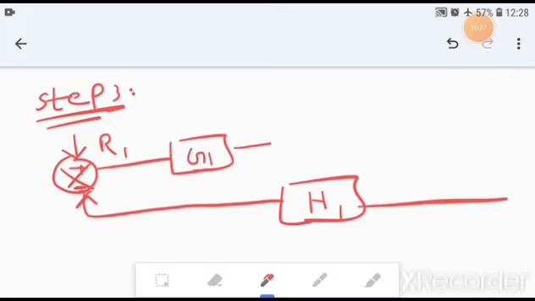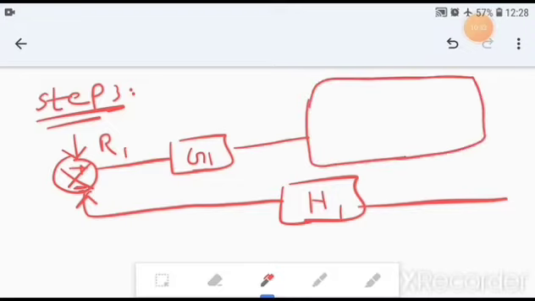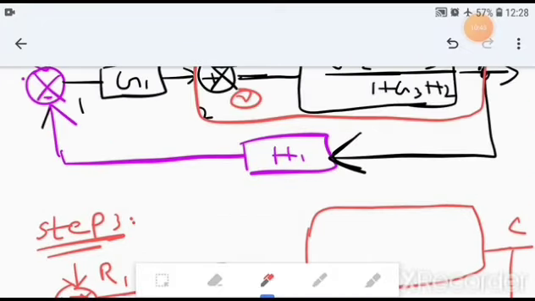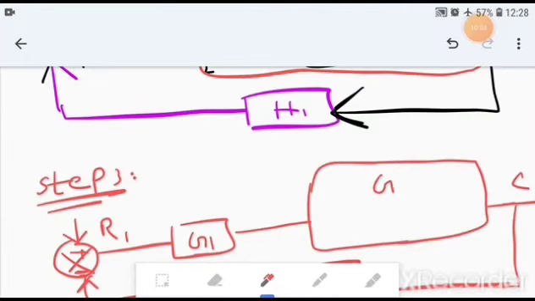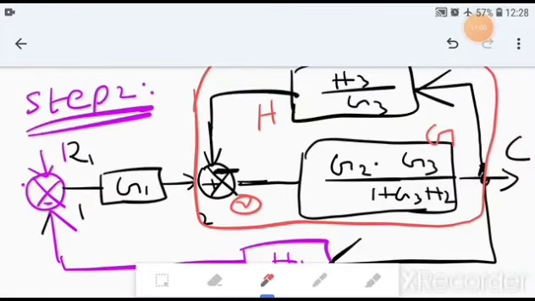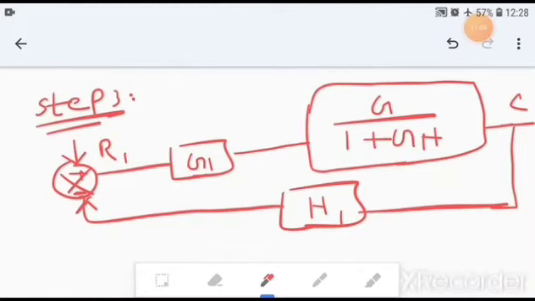Now summing point 2 will vanish and we get a big block, and here we have the output C. What is the big block here we get is G2 G3 by 1 plus G3 H2 divided by 1 plus, so I'll write it as G by 1 plus GH, where you know already G is G2 G3 by 1 plus G3 H2, H is H3 by G3, right? So to this G by 1 plus GH, we have G1 in series.